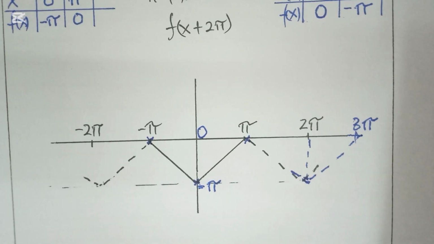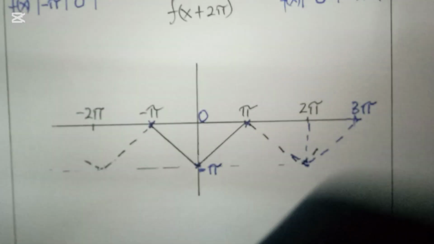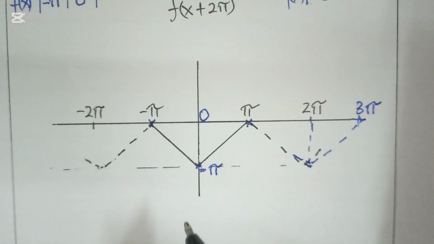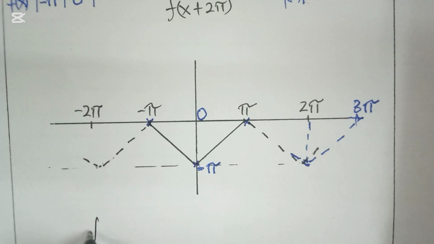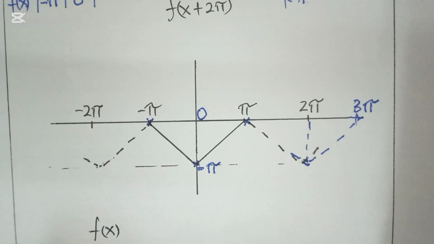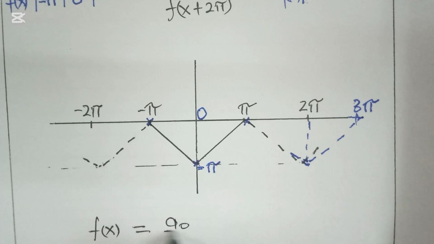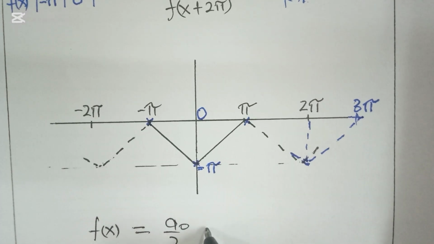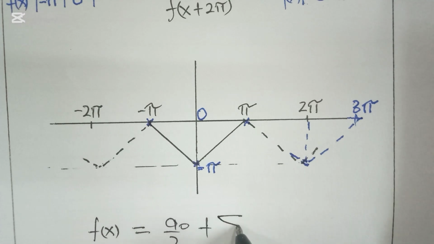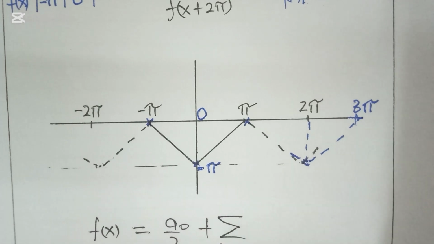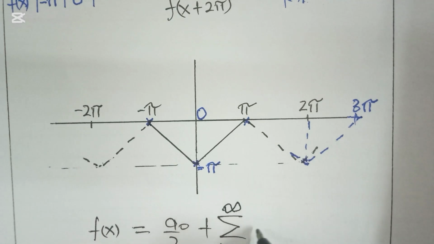Guys, I now go to doing the question. The first thing, guys, we establish the equation that is used. And the equations that are used are as shown. We have f(x), that is the series, equals a0 all over 2 plus the summation from n equals to 1 to infinity.